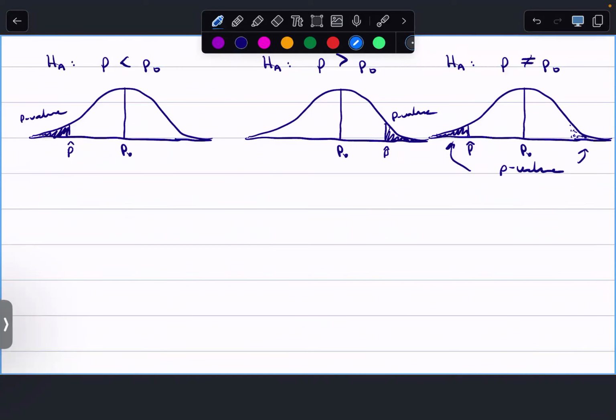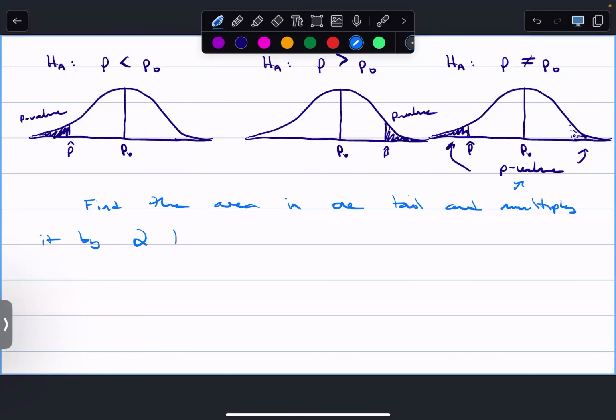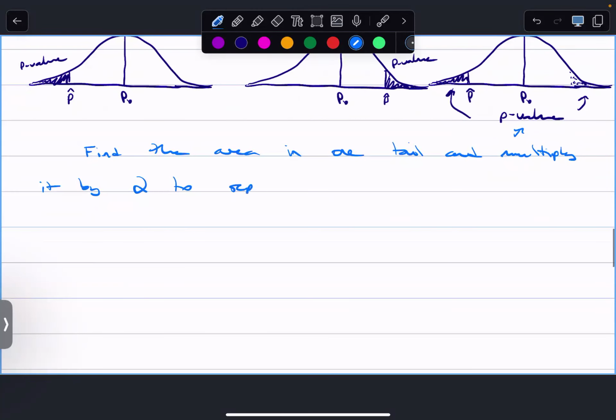So here, for this p-value, you're going to find the area in one tail and multiply it by 2, to replicate the opposite tail. Your sample is only going to be on one side, but you can find the area in the tail and then multiply it by 2.